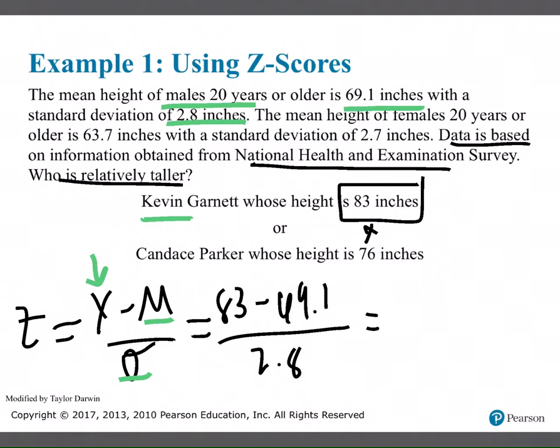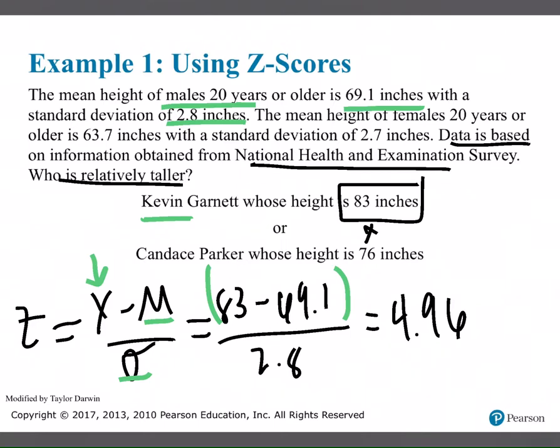Whenever you put this in your calculator, make sure to subtract these first and then divide, or you're not going to get the right answer. So when we do this, we get 4.96. That's a very, very, very big standard deviation. 83 inches is really tall, though, so he's probably 7 foot something, which is pretty unusual, so that's why the z-score is so big.